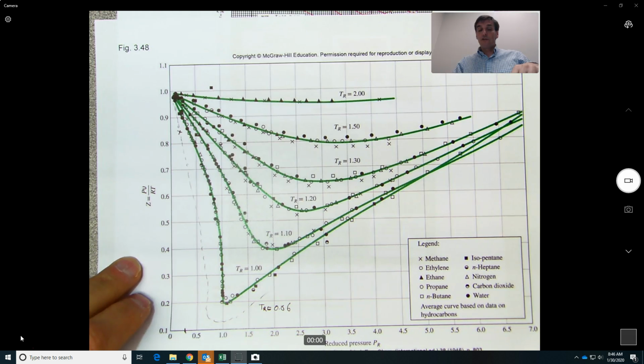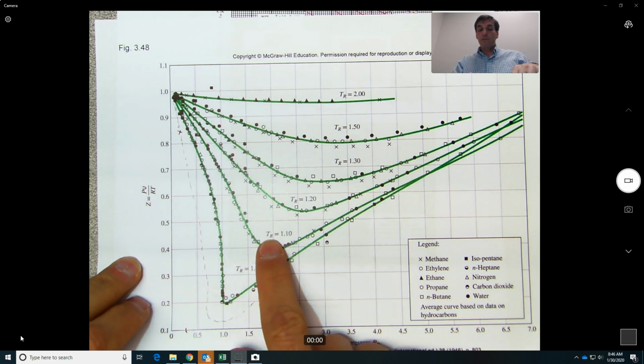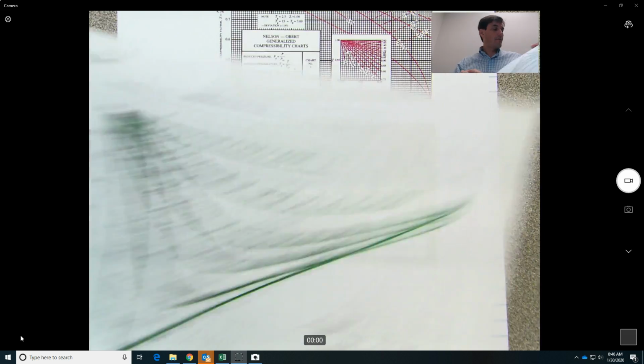So in order to know how to use this figure, we need to determine TR and PR.